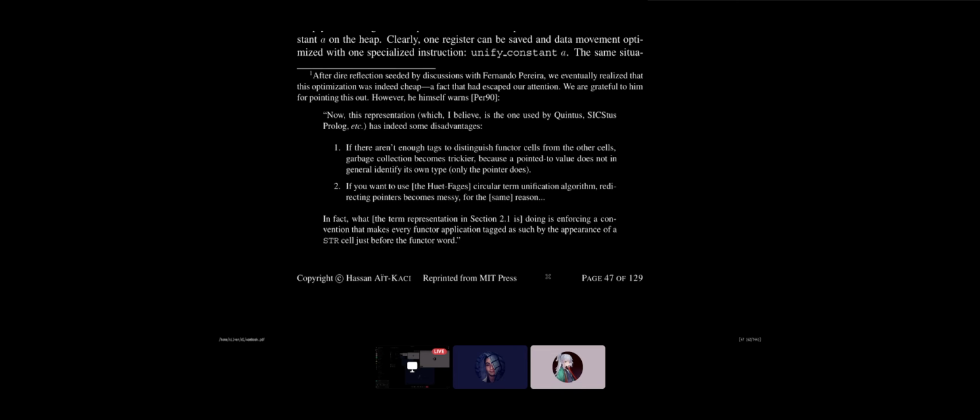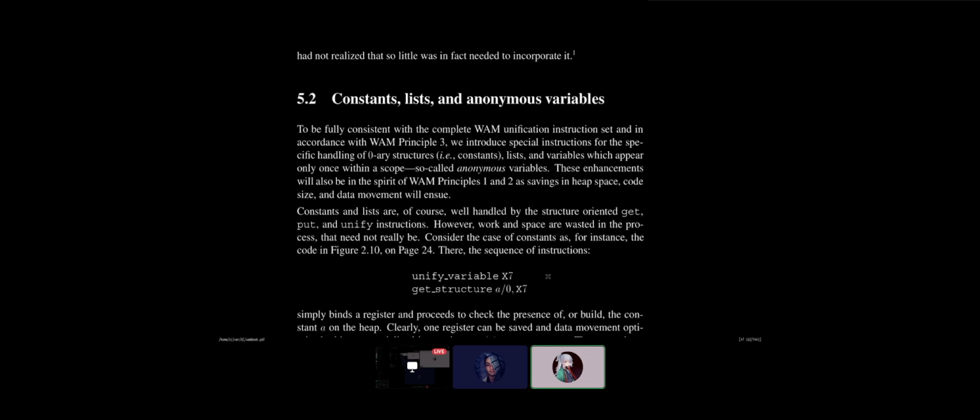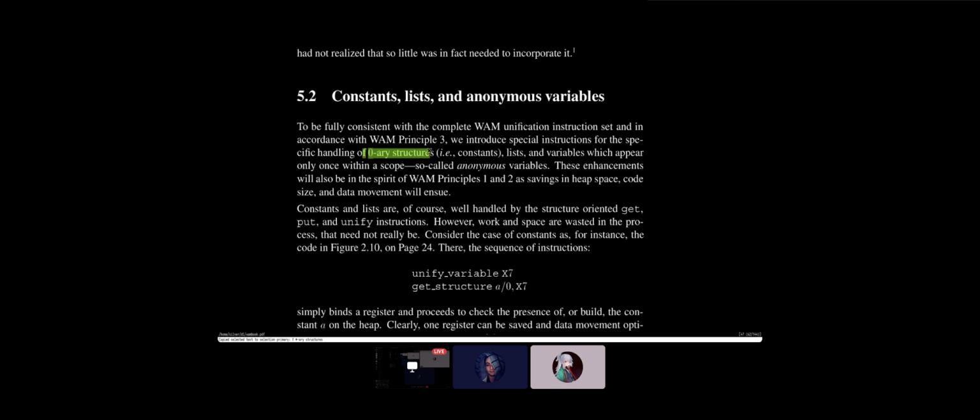To introduce this, we're going to have to change the parser, because the parser doesn't know what is a constant. But this is only adding special support for structures with no contents, atoms essentially.